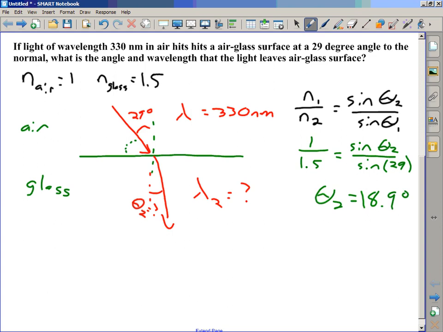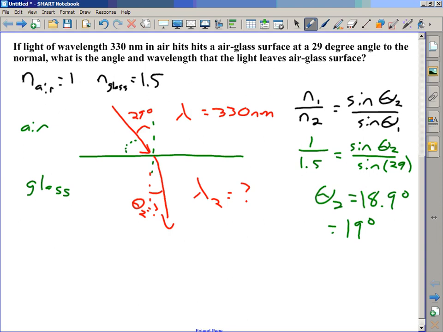Let's look at our sig figs. Looks like we get 2 of them, so this becomes 19 degrees, which should make sense to you. Whenever you're going into a medium with a higher refractive index, the angle is going to bend towards the normal. The angle is going to shrink.